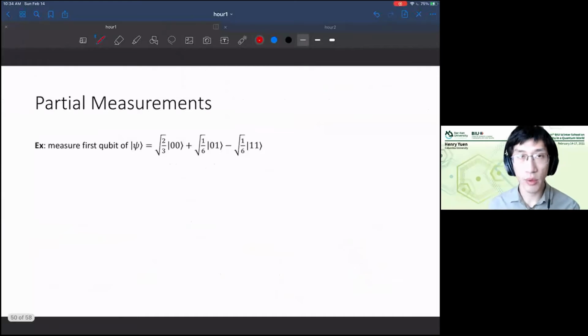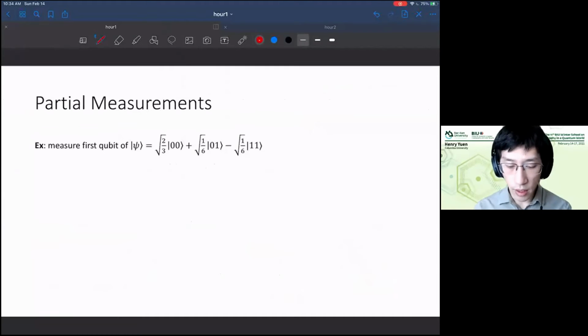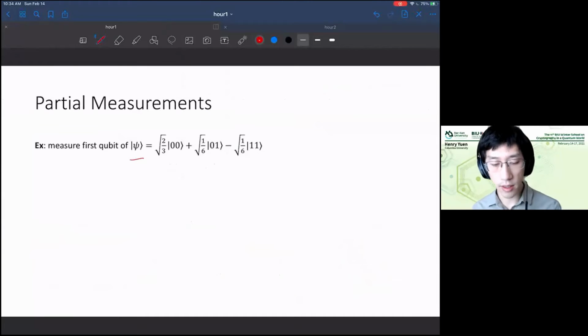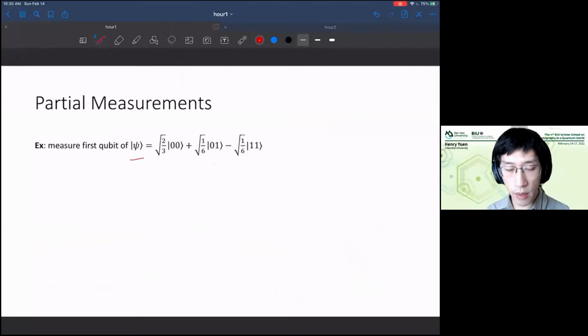Okay, so let's run through a very quick example. So let's say we have this state psi. This is an entangled state. So let's see what happens when we measure the first qubit. So there's 2 possible outcomes, 0 or 1. So let's say we have outcome 0.